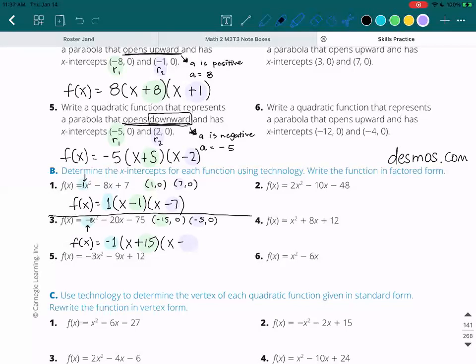So should I write +5 or -5? +5, good. It's just the opposite of whatever your x-intercept was. So we have x plus 15 and x plus 5 because our x-intercepts were -15 and -5. And our a value is just the coefficient out in front.